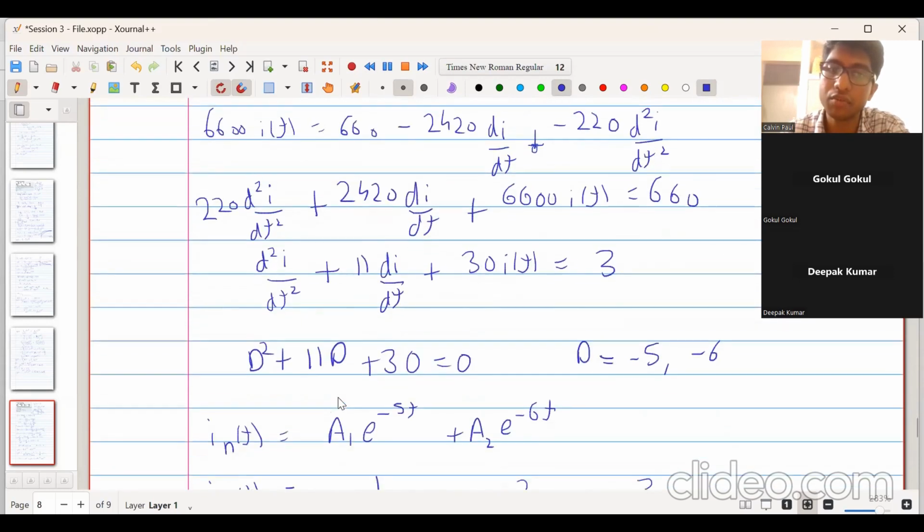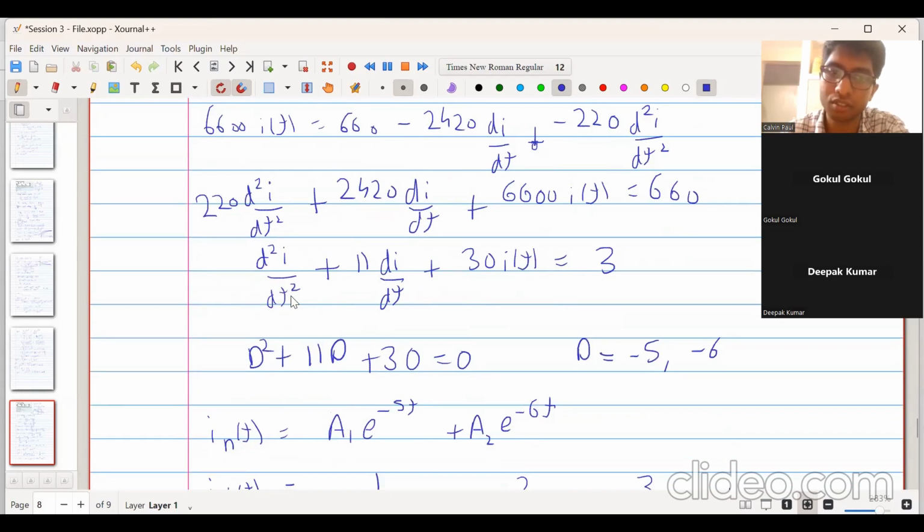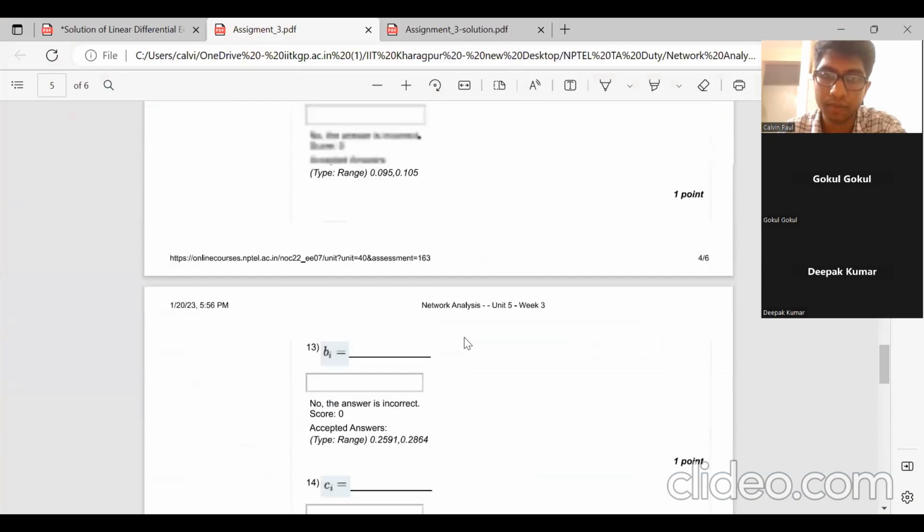Then we would have got the differential equation in terms of d2v upon dt2 plus some a into dv by dt plus some b into v of t equal to some other thing. And then we could have directly solved for v of t. So those are methods you have to learn: carefully read the question, understand what the question wants, and how to solve it so that you can simplify it. Those are things you must consider.